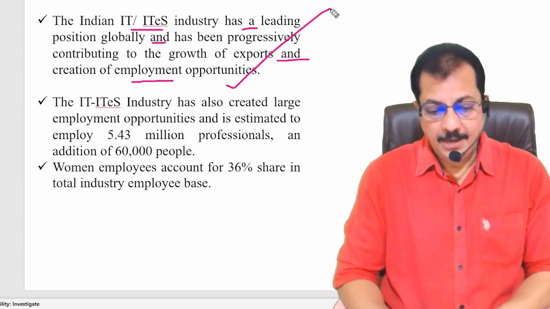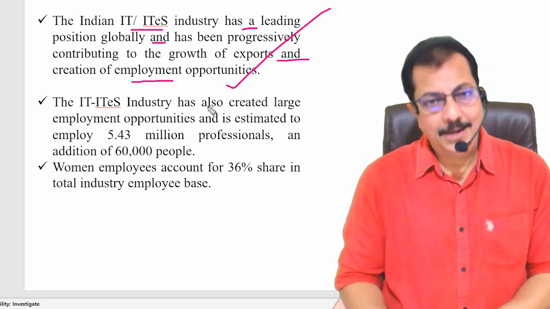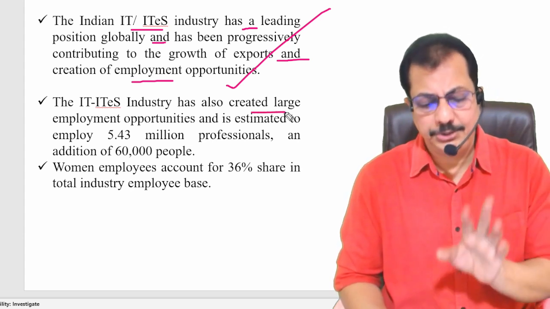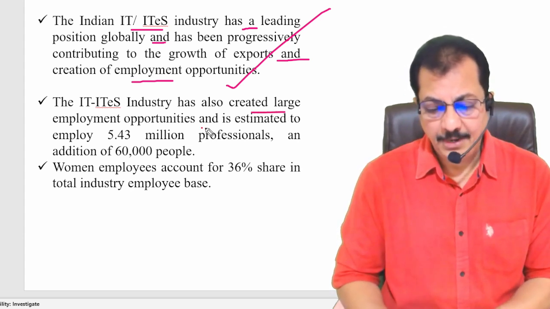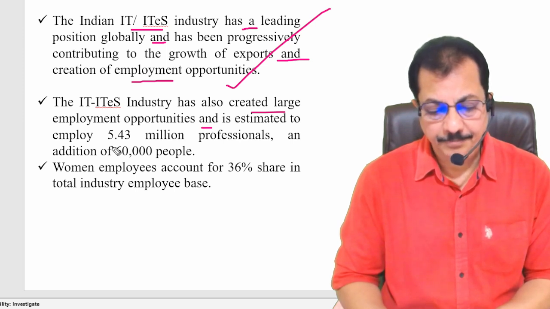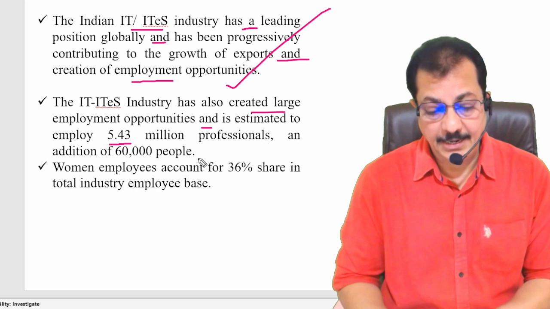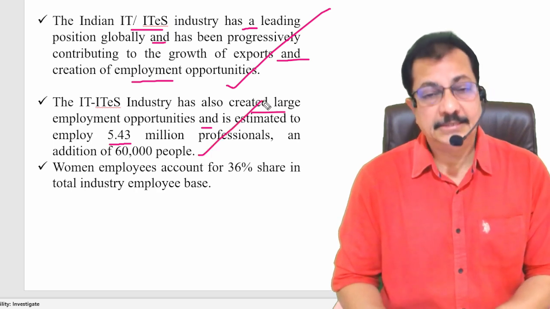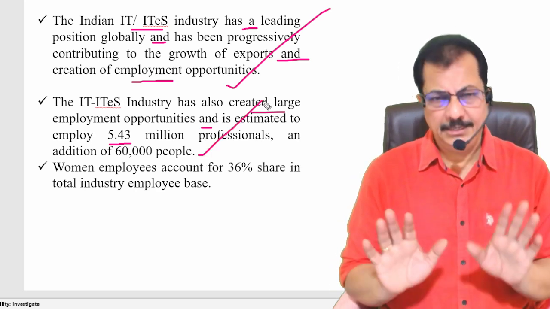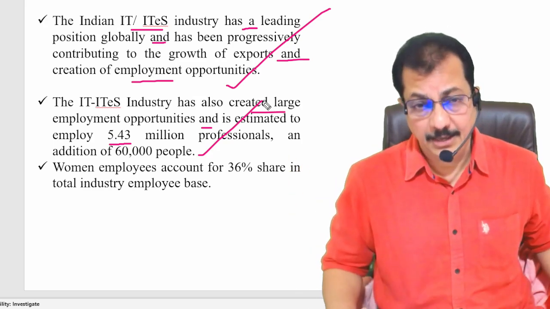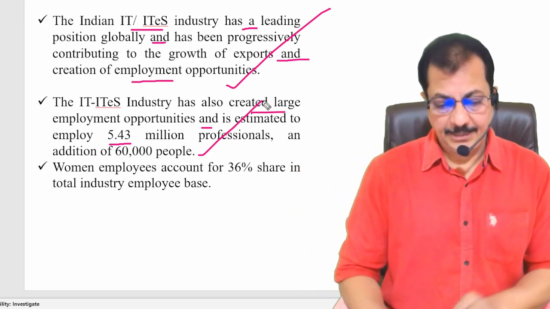Clear? This IT and ITES industry has also created large employment opportunities and is estimated to employ 5.43 million professionals, an addition of 60,000 people. The meaning is simple: a large number of employment opportunities are coming up in the field of IT.